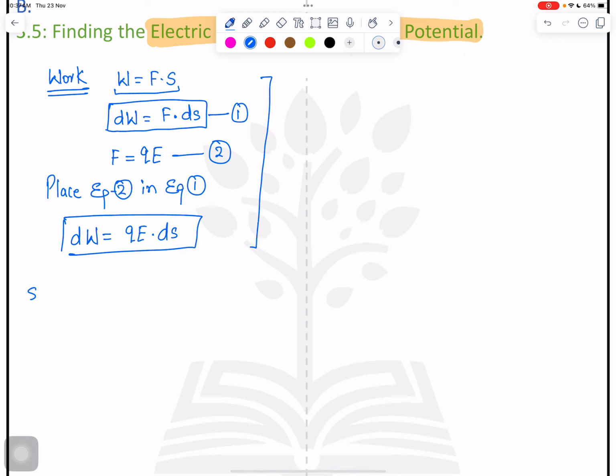Now step 4, which is the major step. We know the relationship between potential and work done, between work done and potential difference.